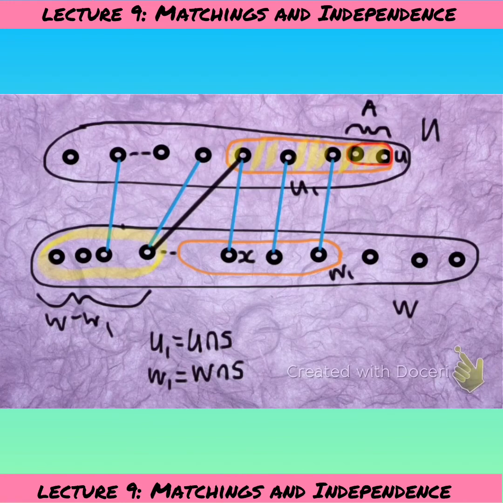First of all, you cannot find blue edges between those two sets, otherwise you're going to contradict your matching property. You can't have that situation there. You can also not have a blue edge like that, because remember the way we defined A.